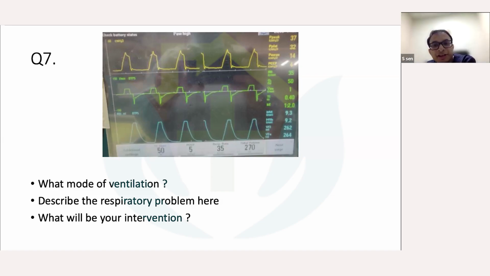And suppose this patient has ARDS, what will you do? Increase the PEEP, decrease the respiratory rate, IE ratio 1 to 1 if there's a problem in oxygenation, and finally prone position if we cannot achieve oxygenation for the patient.